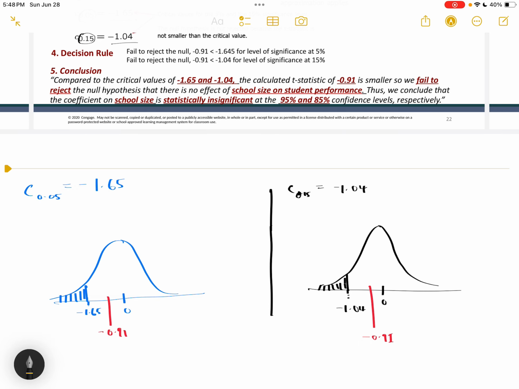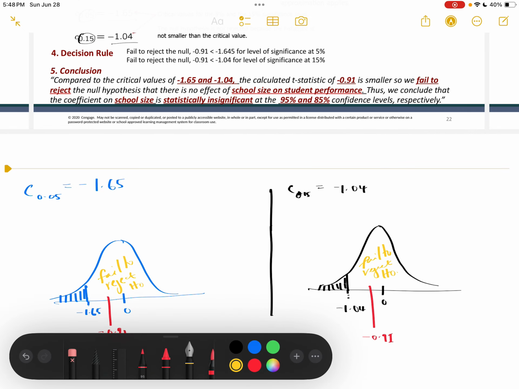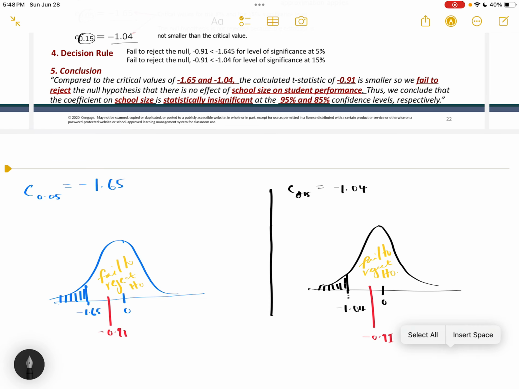Didn't it fall in the fail to reject H0 region? Yeah, it did. So in the region where we have the 0.91, this is where we fail to reject H0, and in the shaded region, that's where we reject H0.